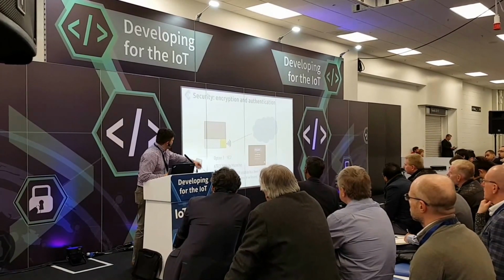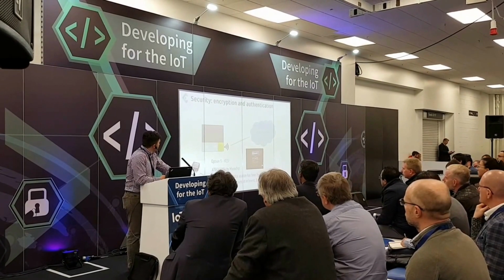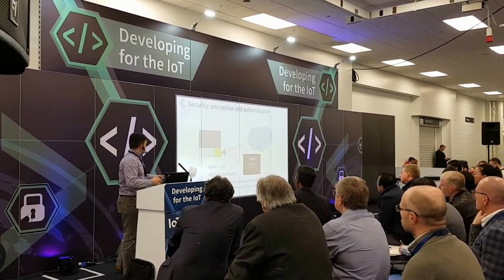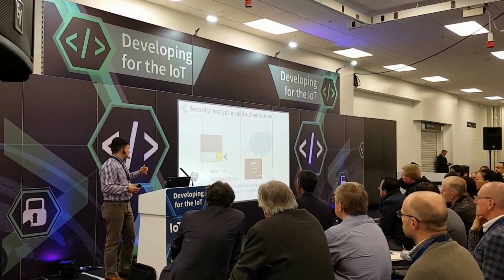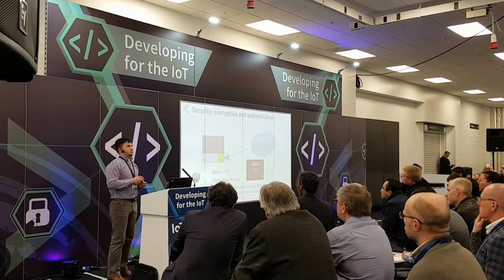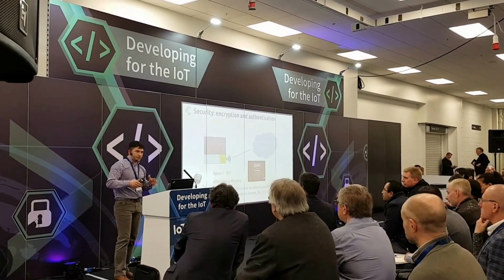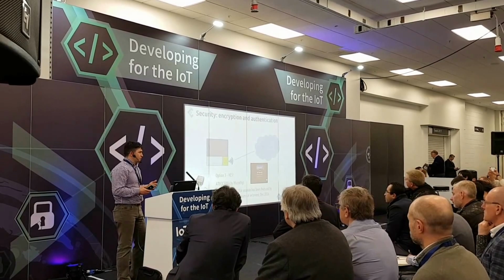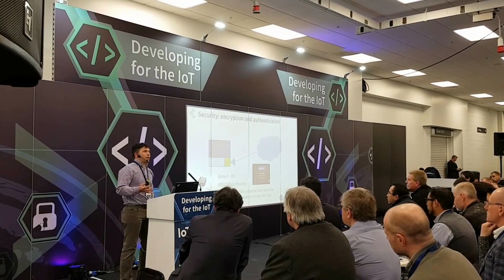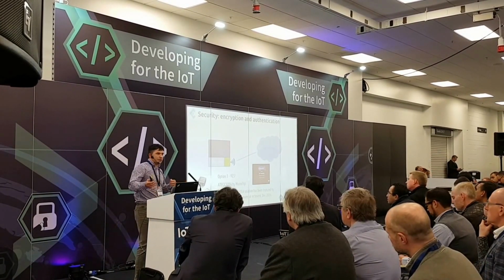There is a video link I put together there. So this is basically it. We went with the crypto chip solution, which is one of the most secure ways to make the cloud connectivity.